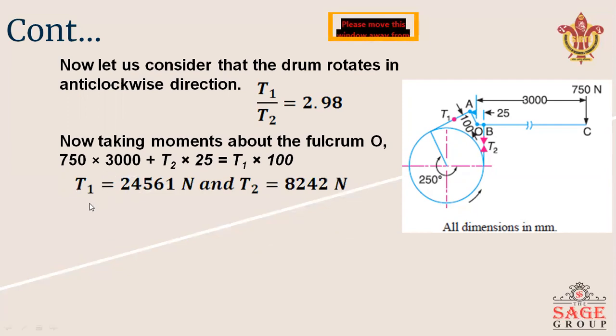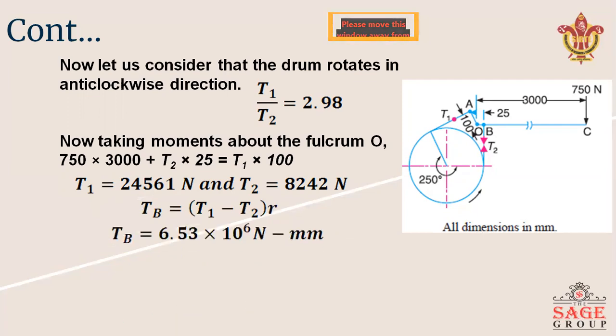So now we will have the values of T1 and T2, and substitute them in the equation of braking torque TB equals T1 minus T2 into R. So we will have the value of braking torque TB.